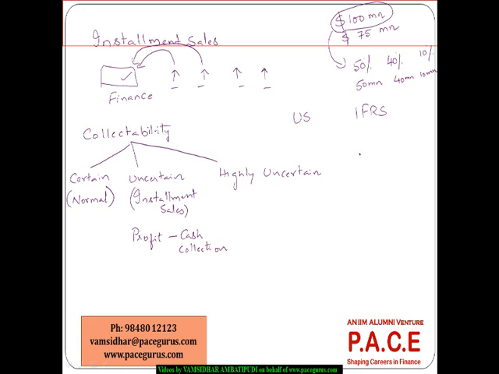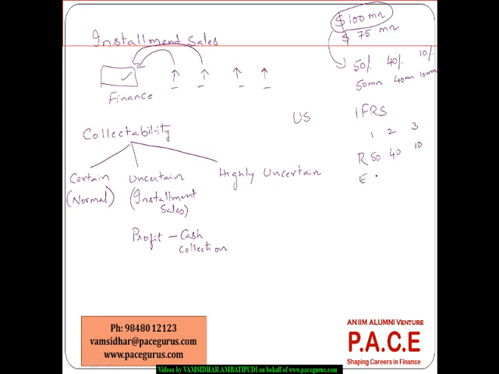So what I'll do is in the revenues, in the first, second, and third years, I'll recognize 50 million, whatever I have received, not what I should receive. Whatever I have received, I'll put 50 million in the first year. Then I'll go with 40 million in the second and 10 million in the third.